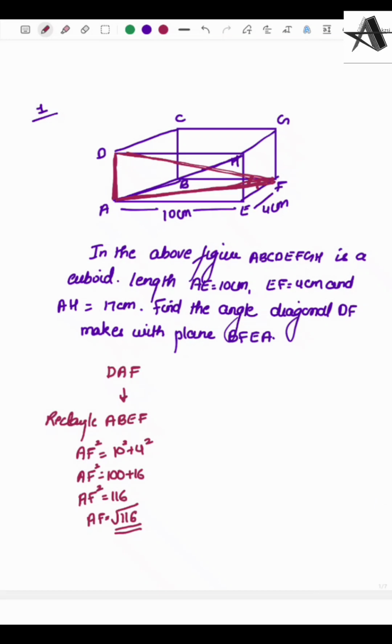Next, I need one more side to calculate the angle. I think we can calculate DA, because the other thing that is mentioned is AH. Let me delete this so that you can understand. AH means this one. In the rectangle you can clearly see AH is the diagonal.